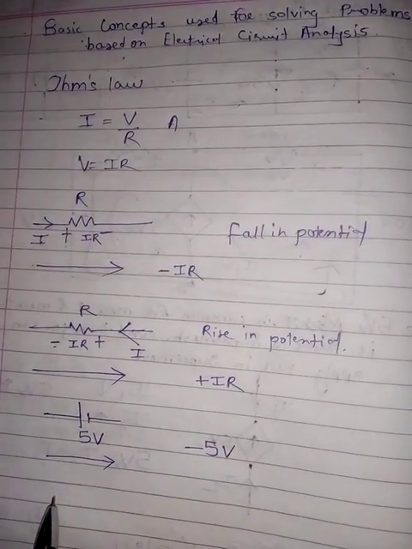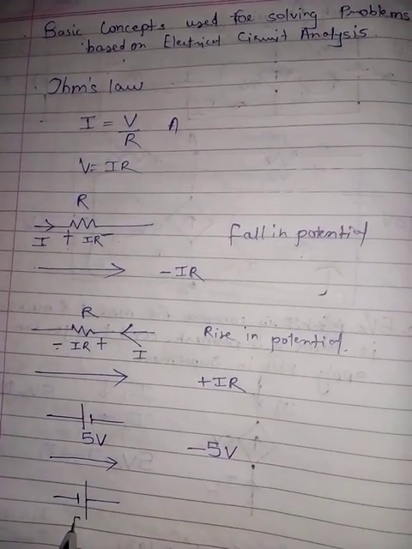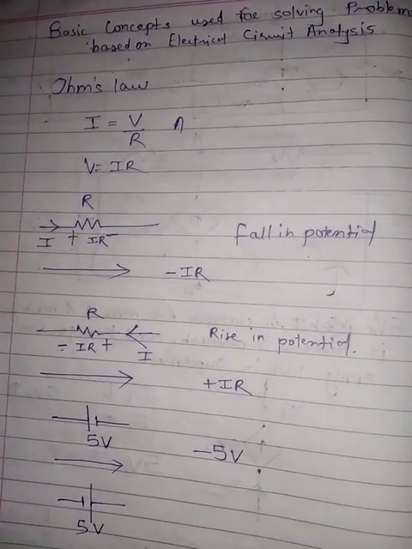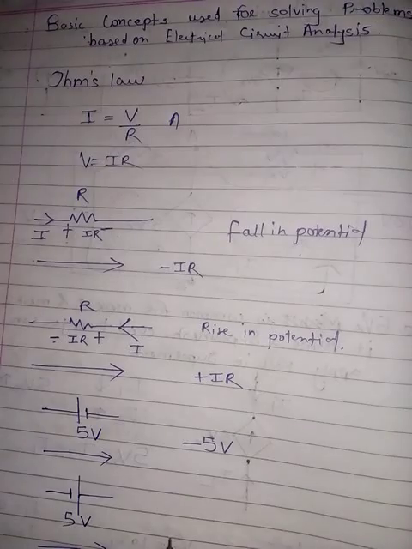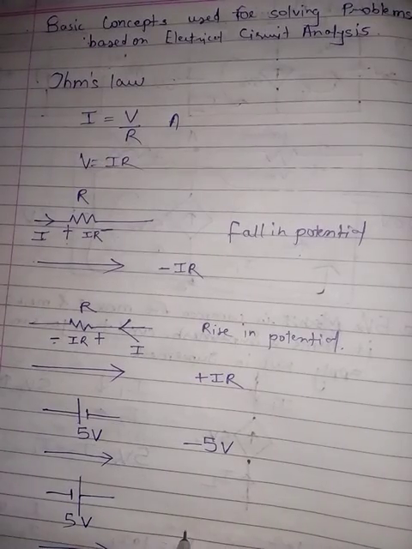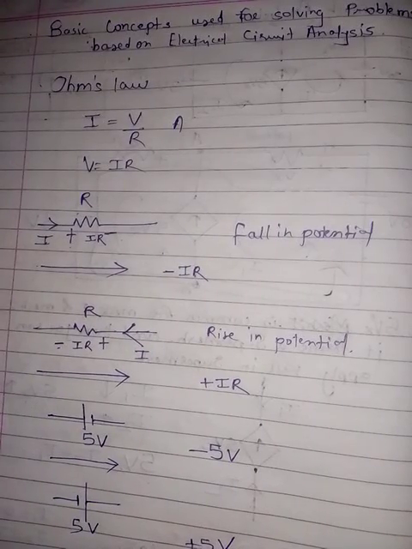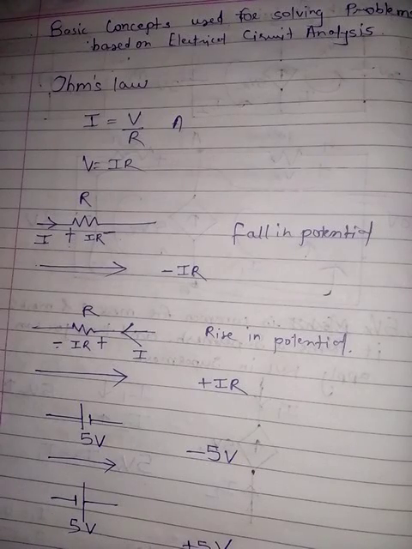And similarly, if this is the case and we are going from this direction, then we are going from negative to positive, so it can be written as plus 5 volt while writing the KVL equation. So this is the basic concept that we should know while applying KVL.